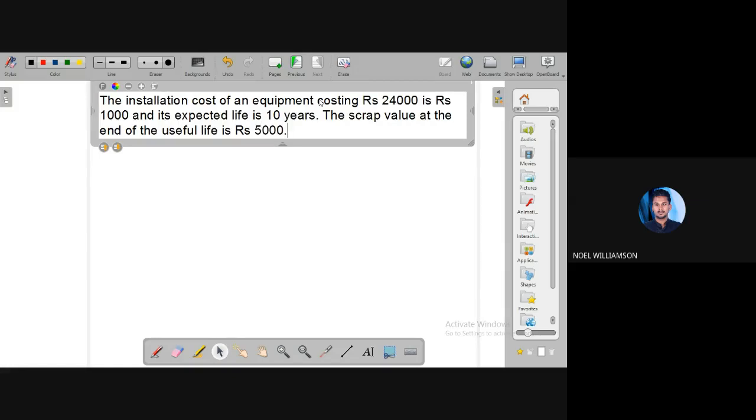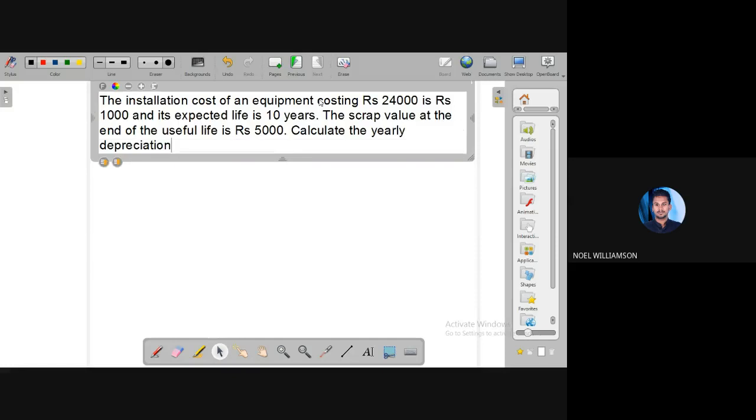Calculate the yearly depreciation by straight line method.